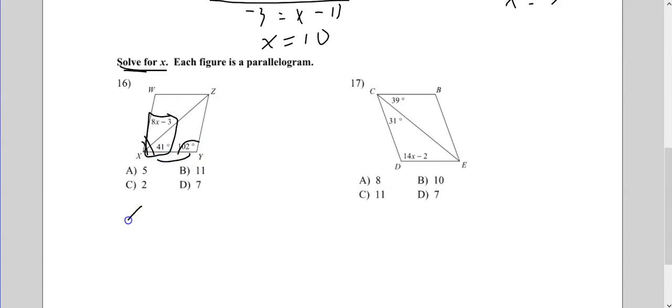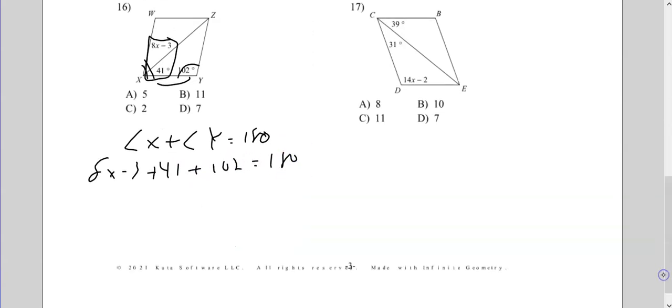So remember, angle x plus angle y equals 180. In this case, angle x has been split up. Angle x is 8x minus 3 plus 41. That's angle x. Angle y is 102.